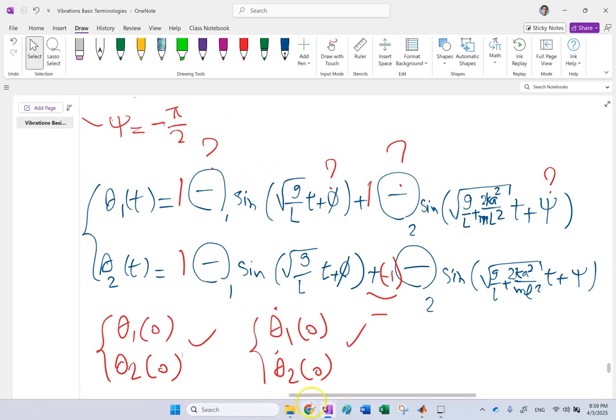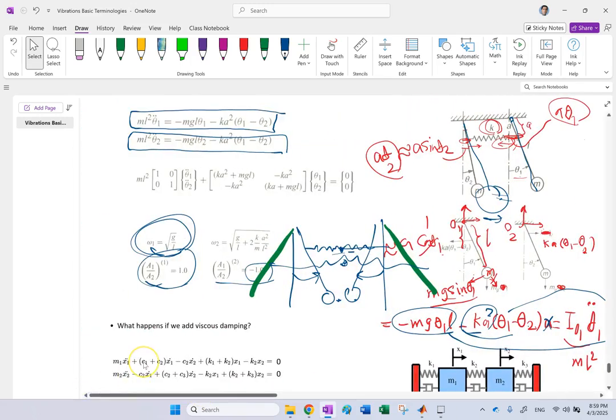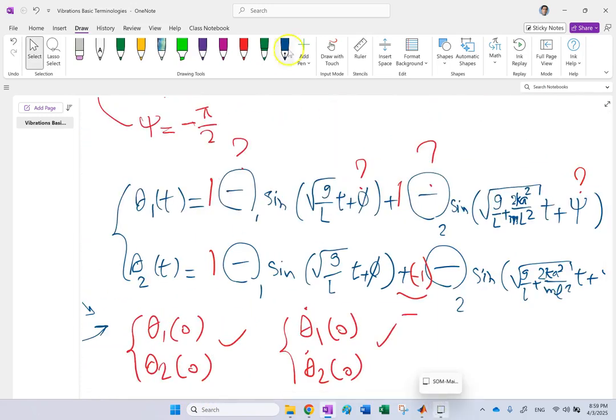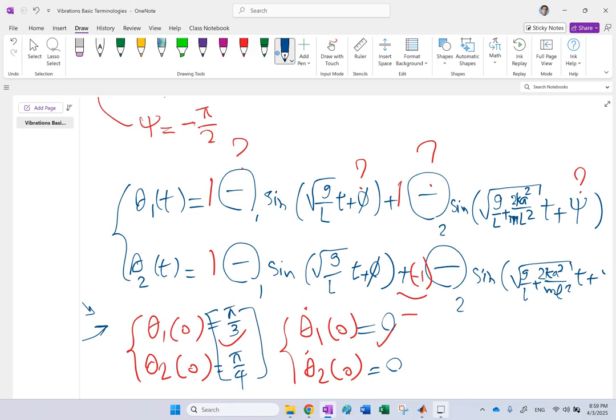Again, if your initial condition, let's say you release them from rest, so both of these theta dots are 0, let's say for a moment. If, for instance, you release the first angle at, let's say, 60 degrees, and maybe this one at 45 degrees, the question is, which one of these theta 1 or 2 is going to be bigger? You are right. This vector here is closer to 1, 1 than to negative 1, 1.